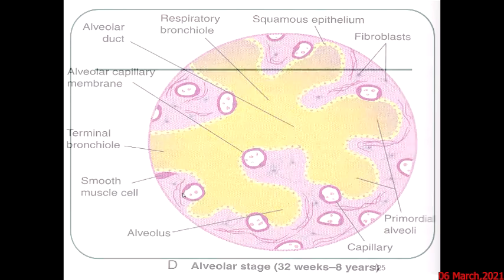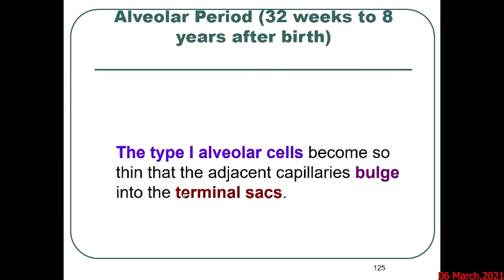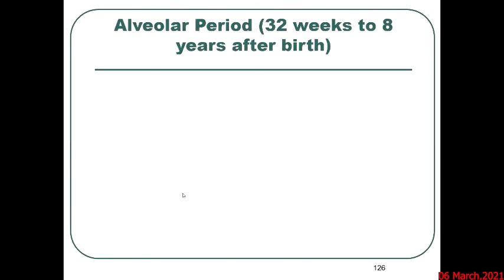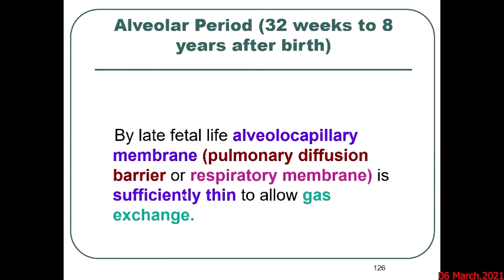The type 1 alveolar cells become so thin that adjacent capillaries bulge, as I have already told. By late fetal life, the alveolo-capillary membrane or pulmonary respiratory membrane is sufficiently thin to allow gas exchange.